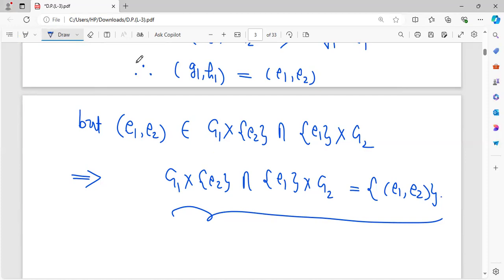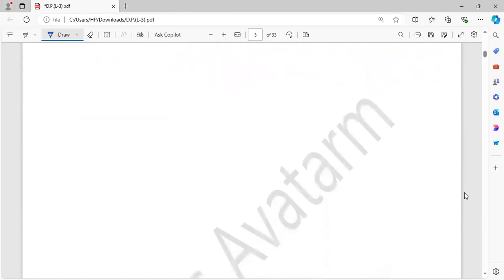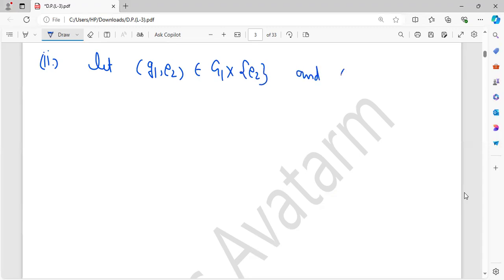Now the second part, we are going to prove the second part. So the first part is proved. Second part is, let (g1, e2) belong to G1 × {e2} and (e1, g2) belong to {e1} × G2.